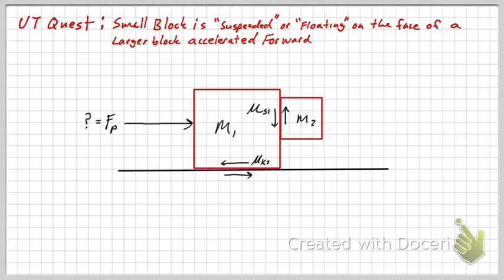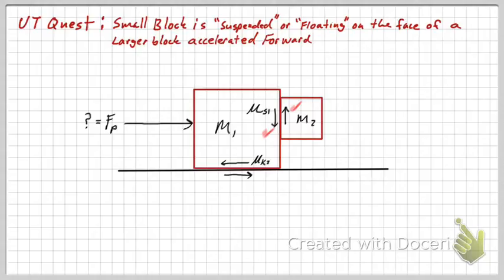What I need you to note on this free body diagram is I have a couple of internal forces, reaction pairs. These guys right here are a reaction pair. So what happens is one of these forces of friction is trying to suspend the block, whereas its reaction pair is pushing the first block down into the floor more.